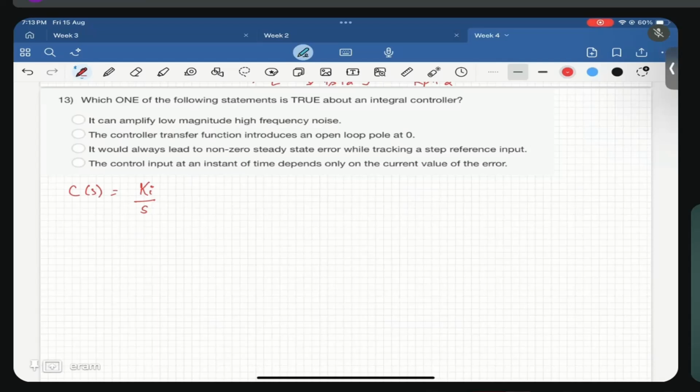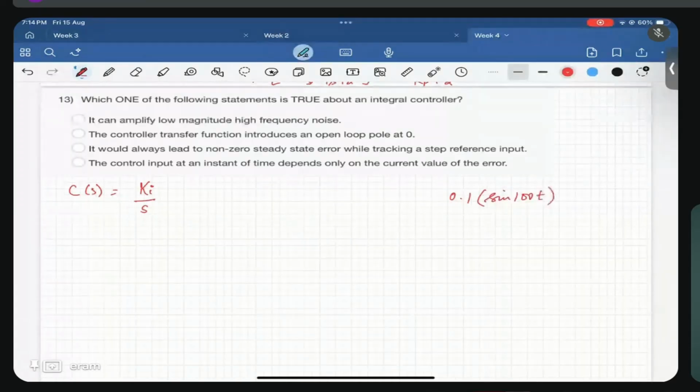The first option is saying it can amplify low magnitude, high frequency noise. The first thing I can see is this is an integral controller, so it will integrate any function given to it. Let's suppose the error is of low magnitude, say 0.1, and high frequency, sine 100t.